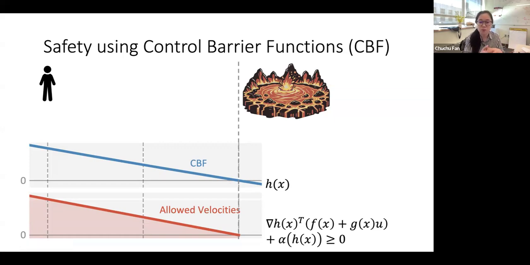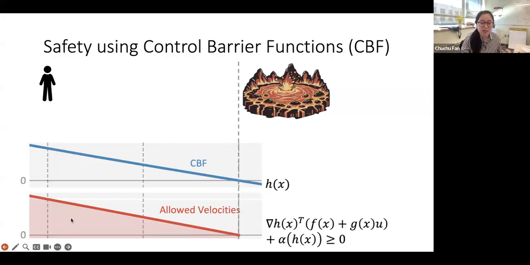I want it to be always safe, meaning I want h to stay always positive. So this last equation tells us how to find the controller u to make sure it is satisfied. And if it is satisfied, then I can guarantee that the system is always safe if it starts safe, meaning h is always positive if it starts positive.